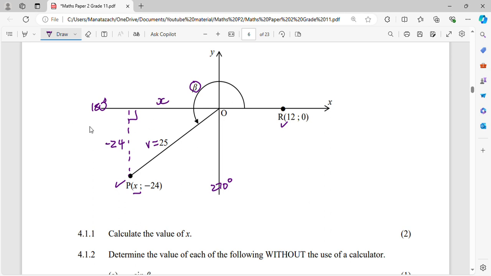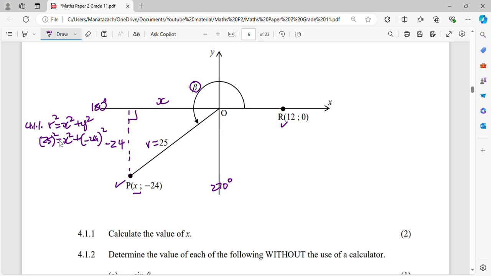Now we're going to apply the theorem of Pythagoras. We'll say, okay, that's 4.1.1: r squared is equal to x squared plus y squared. Then r is 25, that should be squared, plus x squared, plus y, which is minus 24, squared.